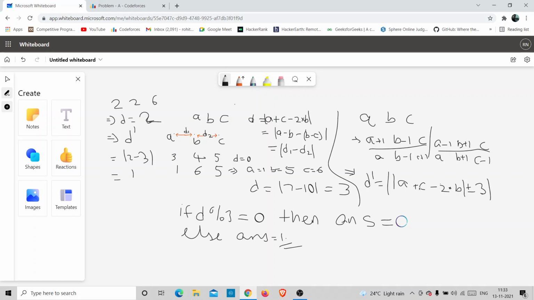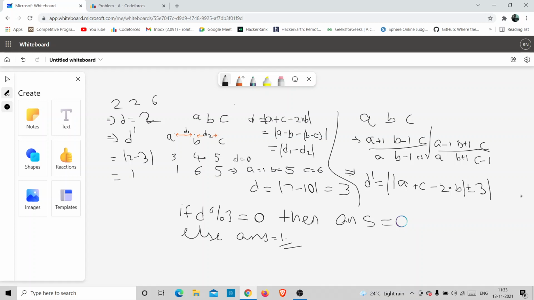That is, the original D plus or minus 3, in absolute value, is going to be the answer. For example, if this D is equal to 1, then what would D dash be?